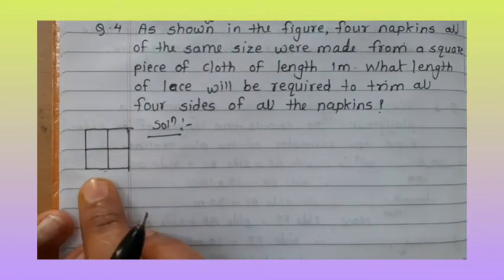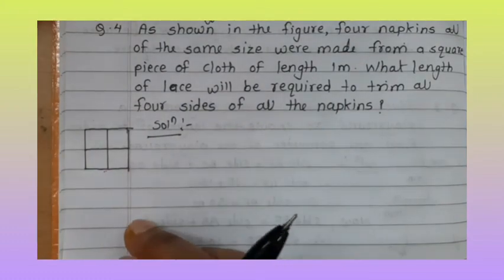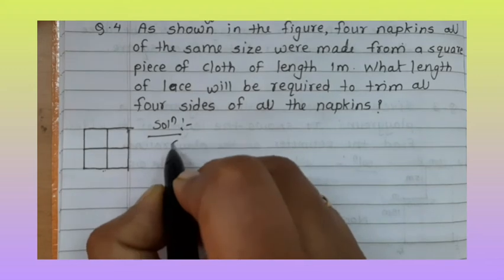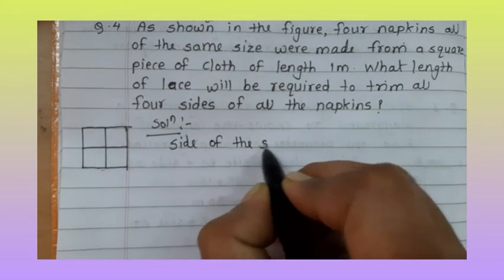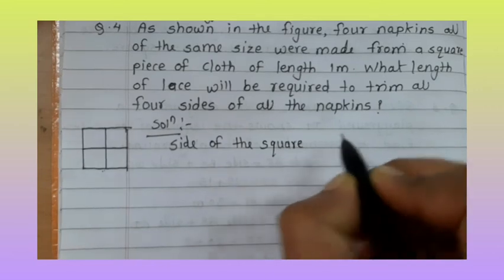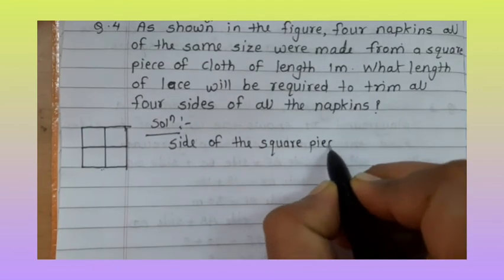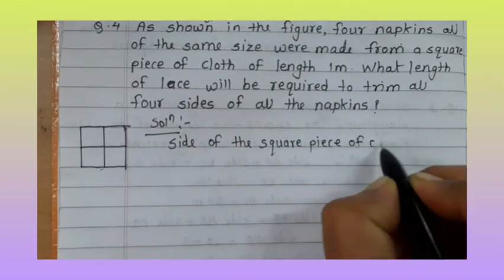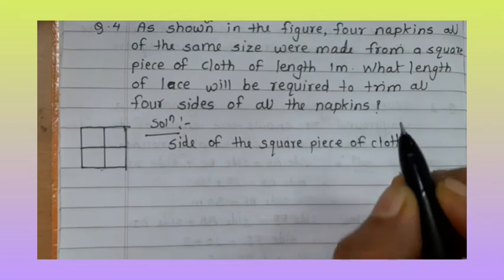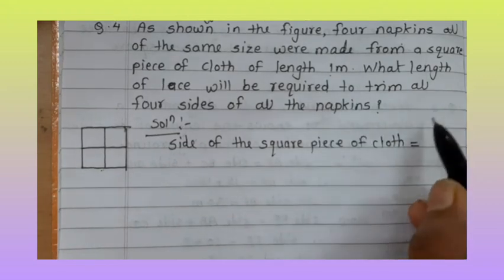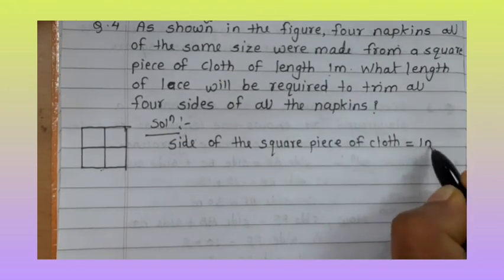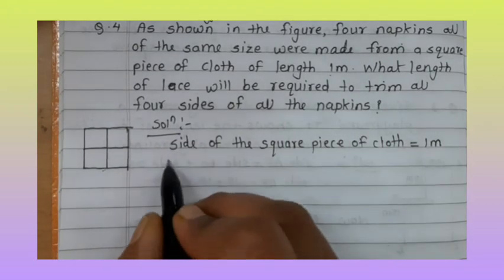This is the figure. Okay, so side of the square piece of cloth is equals to how much the length? 1 meter. So is equal to 1 meter.